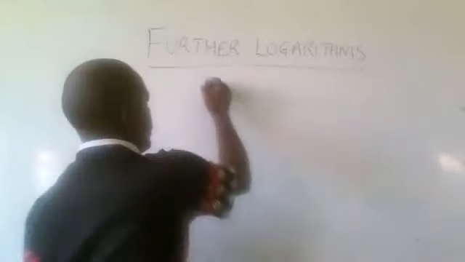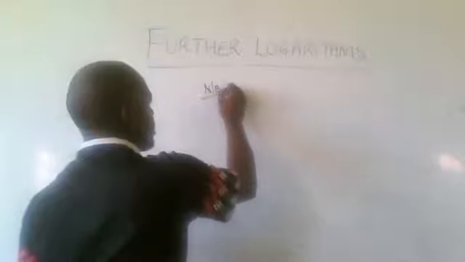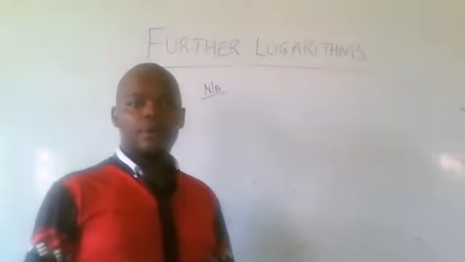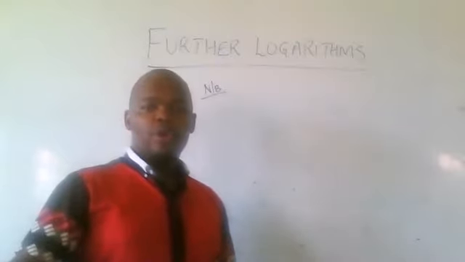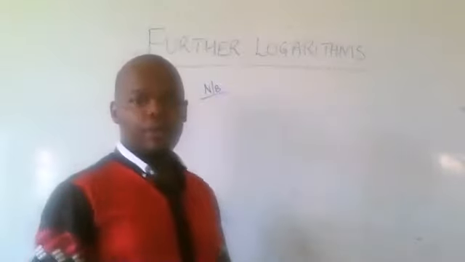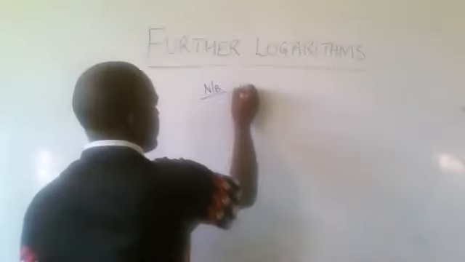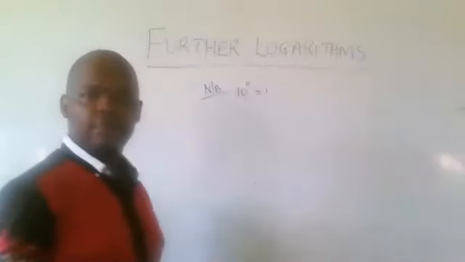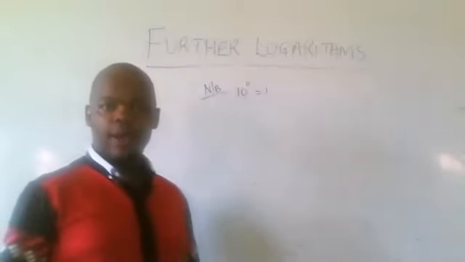NB. So we all know that when you raise a number to power 0 it is 1. Like for instance, if I have 10 power 0, you know it's 1.